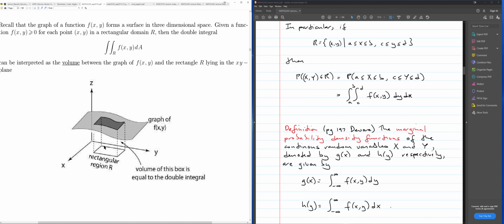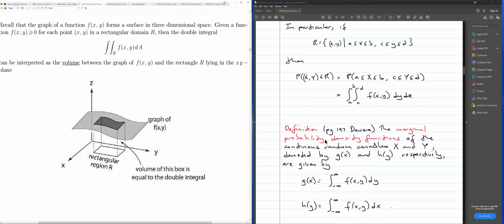So if I want to get the probability that my random variable is taking values inside a rectangular region like this over here, how you're going to do it is you're going to evaluate a double integral, for limits. And where these limits are coming from is what's specified by this rectangular region.